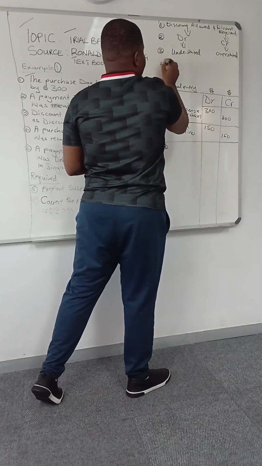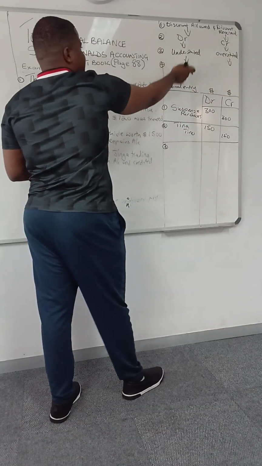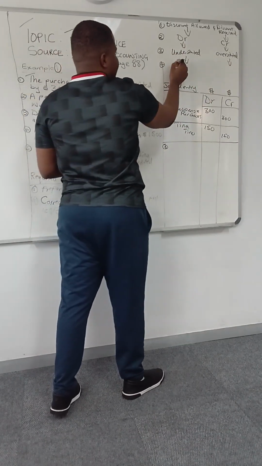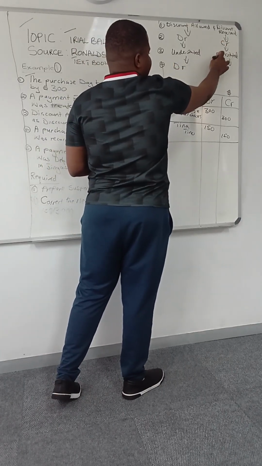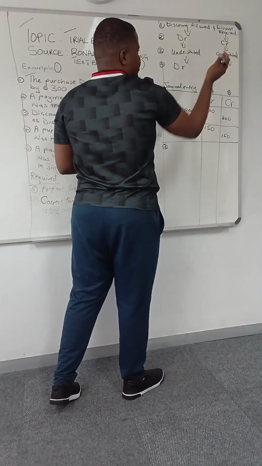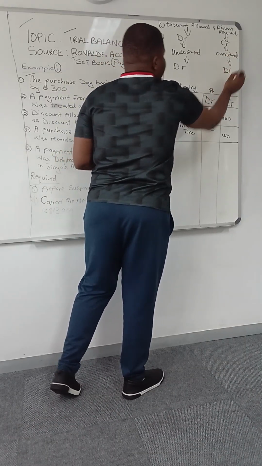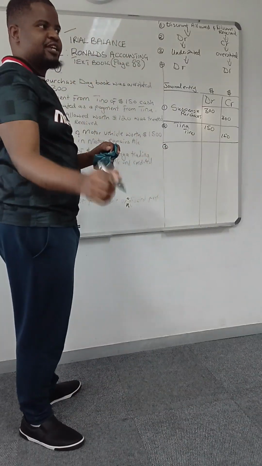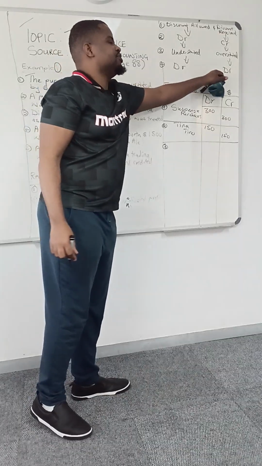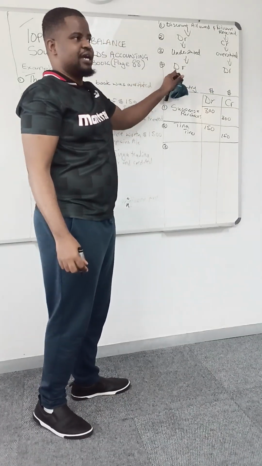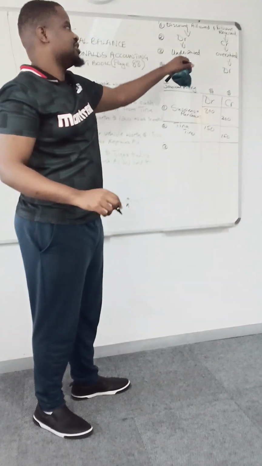Now number 4, we are applying the rule. If a debit item is understated, to correct the error, we debit the same side. But if a credit item is overstated, to correct the error, we put it on the opposite side, which is the debit side. So you need to be very careful with this type of transaction, where the final answers all go on the debit side. On the credit side, there must be something, so we put the suspense account.